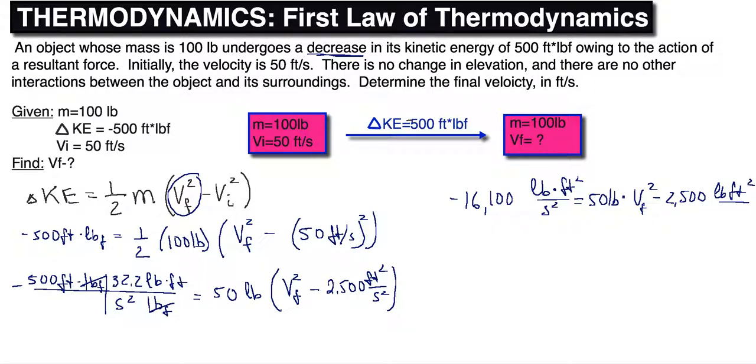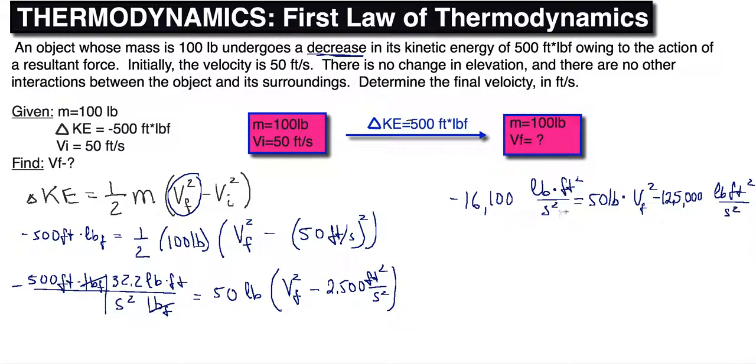I forgot to multiply it. It's actually going to be 125,000. So I'm going to switch it back. So we're going to have 125,000 pounds times feet squared divided by seconds squared.